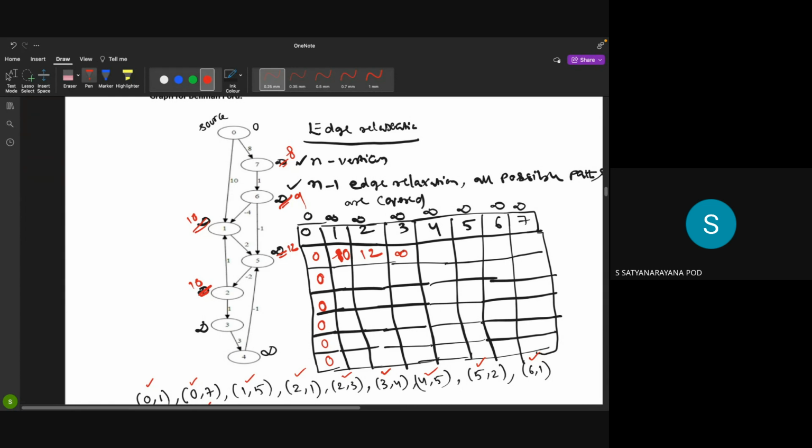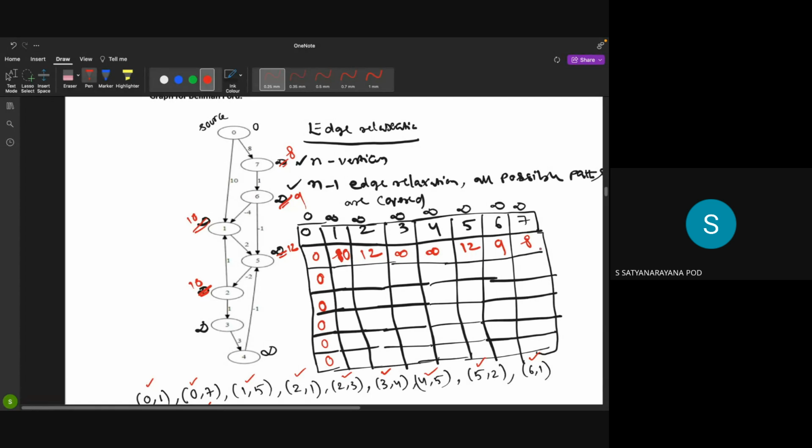Next one is 0 to 4. Where is my 4? Here. It is infinite. Where is my 5? It is 12. Where is my 6? It is 9. Where is my 7? It's 8.